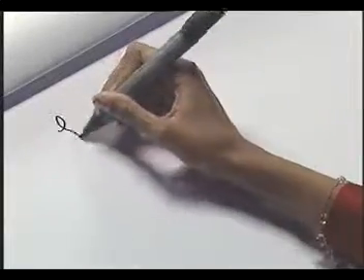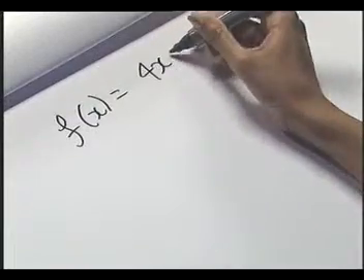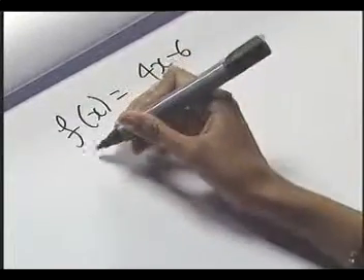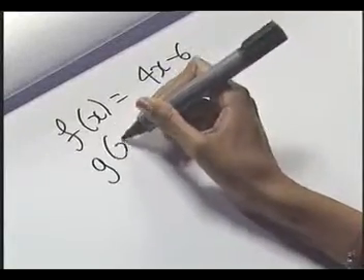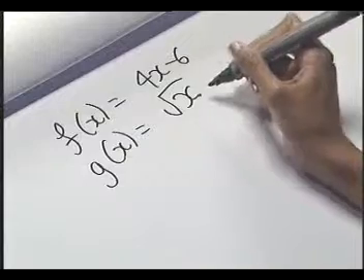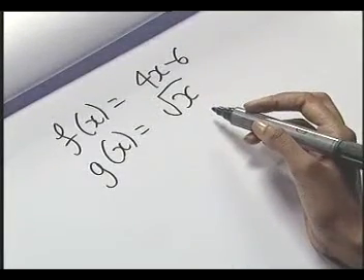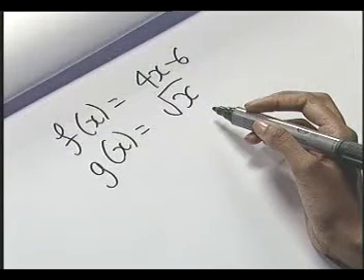There are also some pairs of functions that can be composed for some x, but not for other x. This time we'll have f of x equals 4x minus 6, and we'll have g of x being square root of x. Now, g of x is only defined if x is greater than or equal to 0.